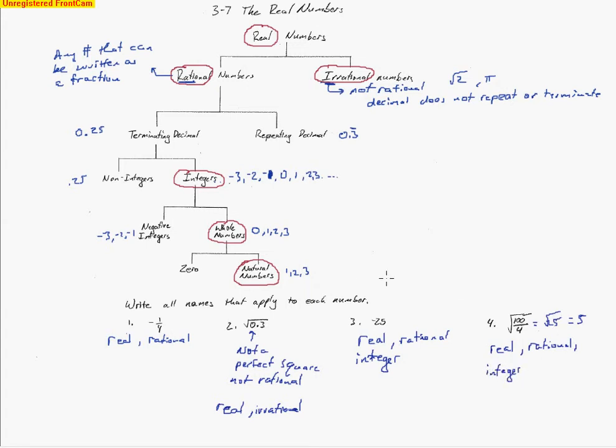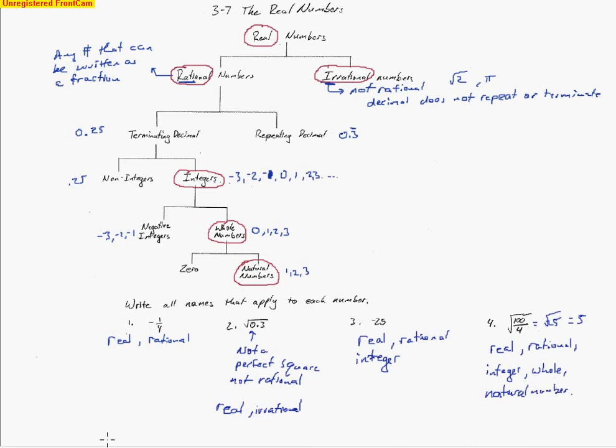So it's an integer, and since it's positive, we have a whole number, but since it's non-zero, it's a number larger than 0, that means it's a natural number as well. So those are all the different categories that apply to that number.